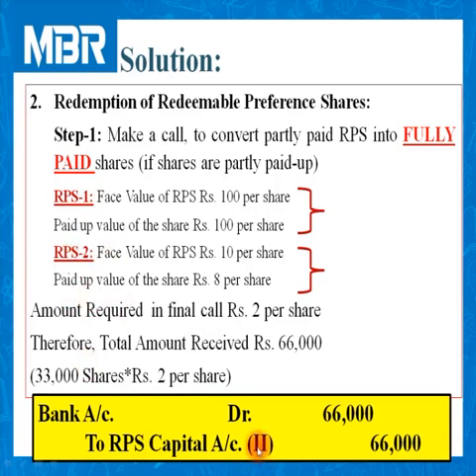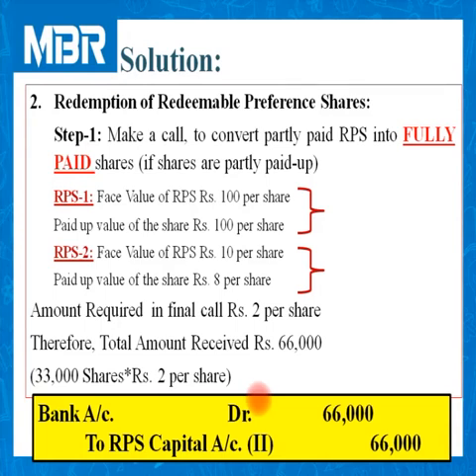So we can easily identify them, because both these share capitals are referred to as redeemable preference shares. But for the purpose of our easy understanding, we need to mark numbers to both categories, either 1, 2 or A, B or X, Y or whatever the percentages are given, say for example 10% RPS or 12% RPS.